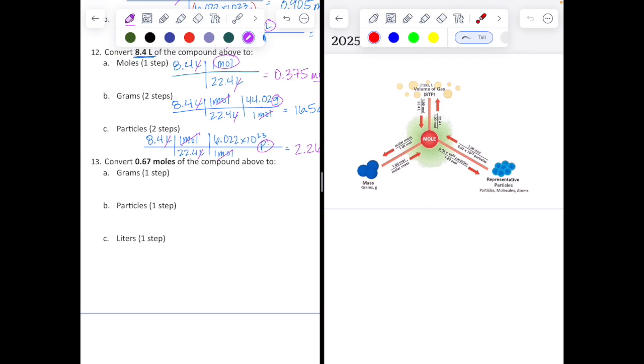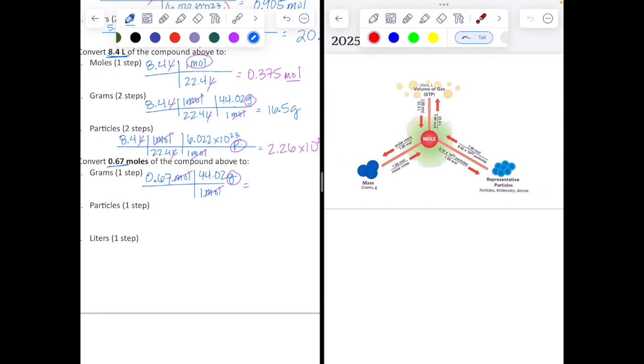So starting here in the middle at moles, our first one, we're going to go to grams. So we're going to need the molar mass over 1 mole. Always start with the number in the problem, though. So 0.67. You're going to get 29.5 grams.